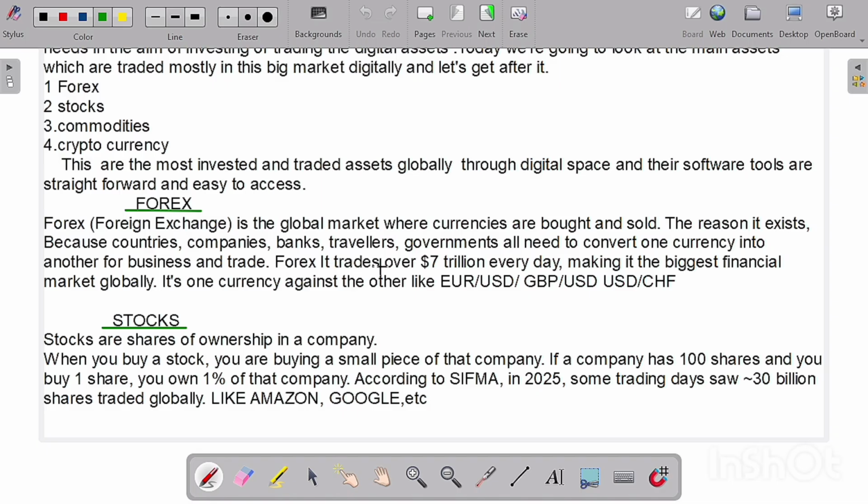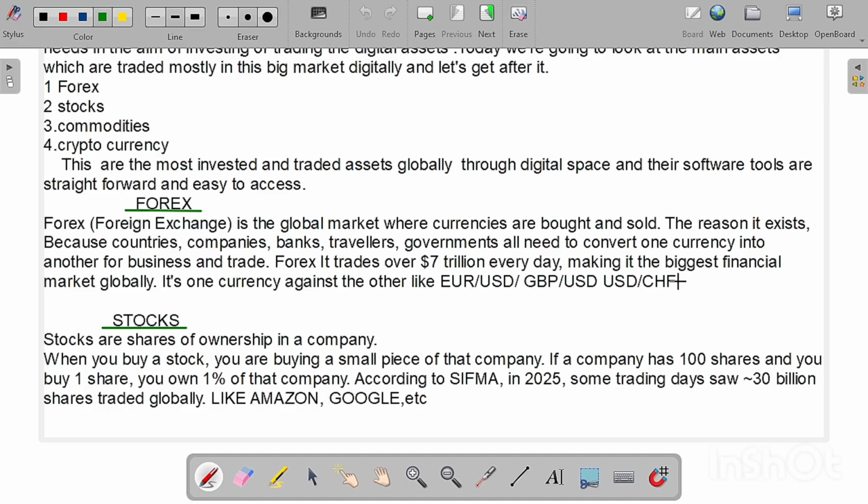Forex trades over 7 trillion every day, making it the biggest financial market globally. It's one currency against the other, like EUR/USD, GBP/USD, USD/CHF.